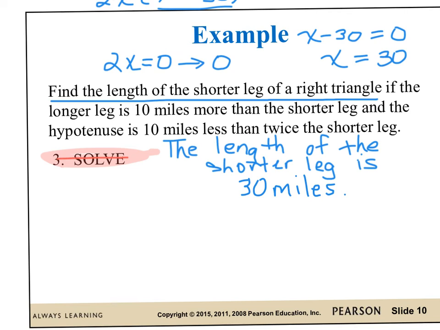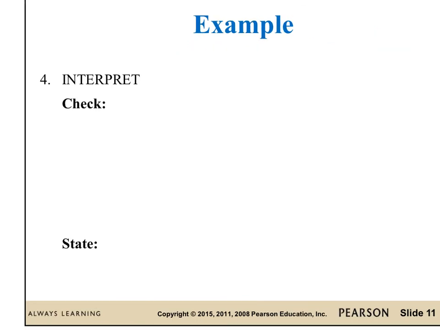So now we've solved, we've answered the question, we've translated it, but there's still one thing left that we should do. We should make sure that answer actually makes sense. So now we're at the point where we need to actually try to interpret our answer. And the first thing we want to do is make sure that our answer makes sense.